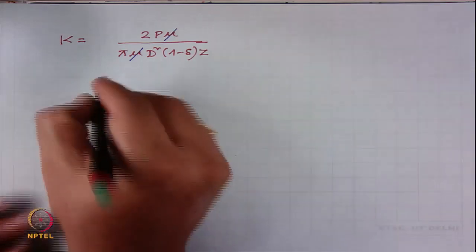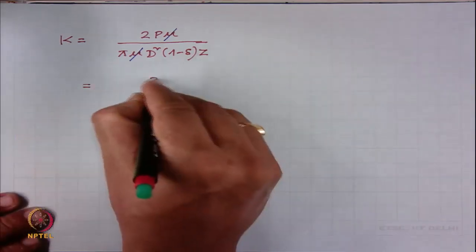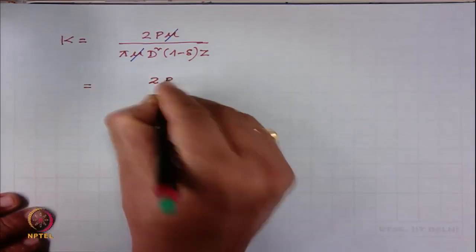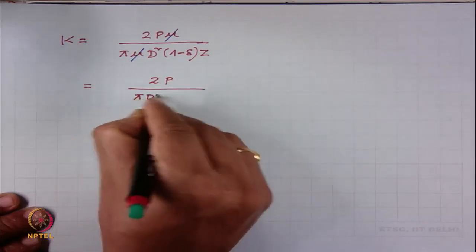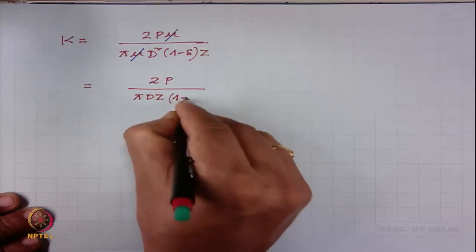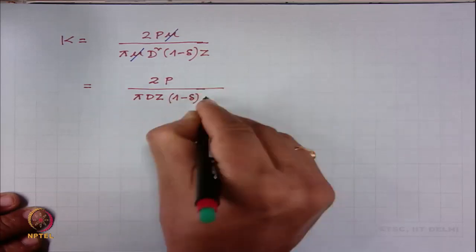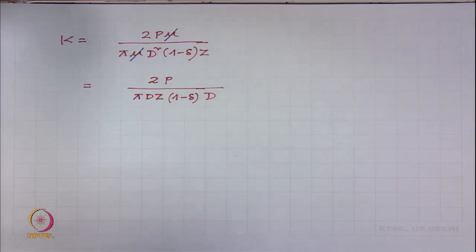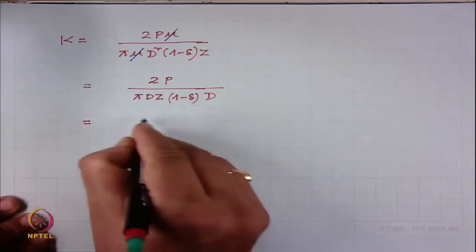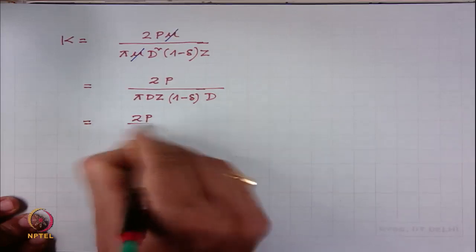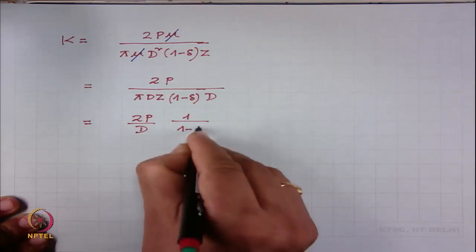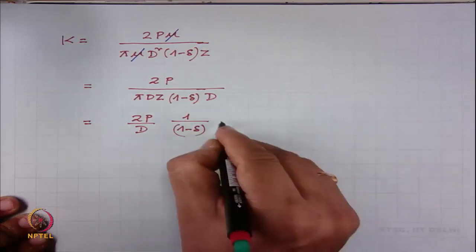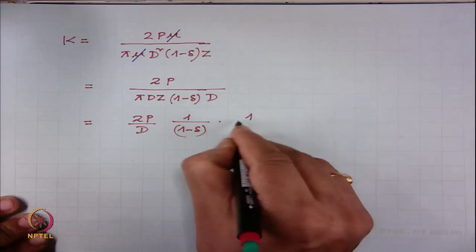This we can further write in a nice form: 2 p by d, 1 divided by 1 minus retraction, into what is pi d z?